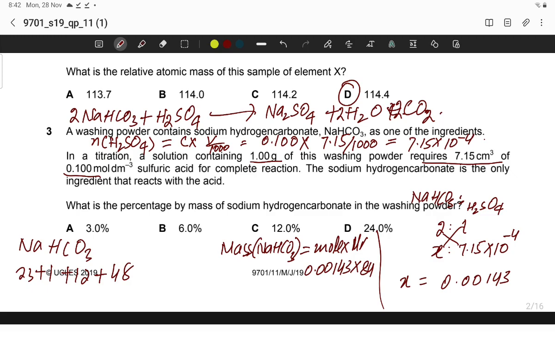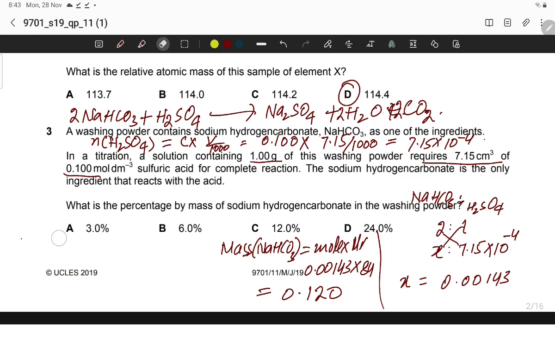This is equal to 84. The mass is 0.00143 into 84. This is 0.120. This is the mass of sodium hydrogen carbonate.